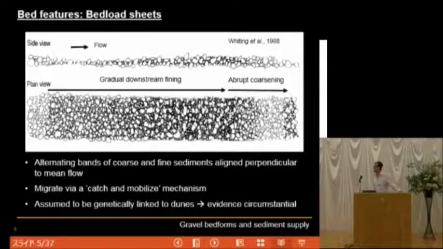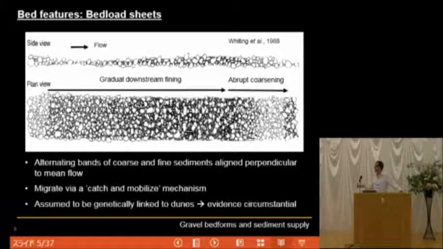Another type of bed feature in gravel-bedded rivers is bed load sheets. They're basically alternating bands of coarse material, here and here, with fine material in between, in a line perpendicular to the flow. The features migrate downstream via a catch and mobilize mechanism, whereby fine sediment from this part of the sheet is entrained.